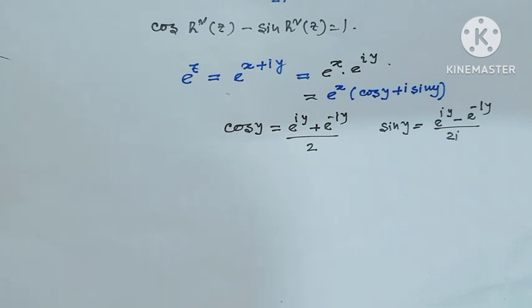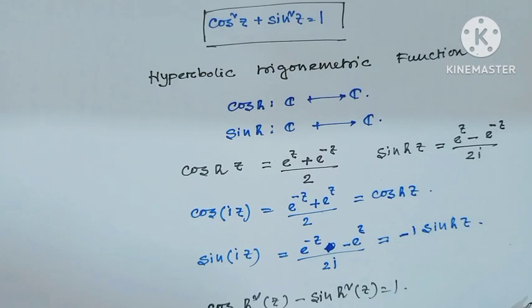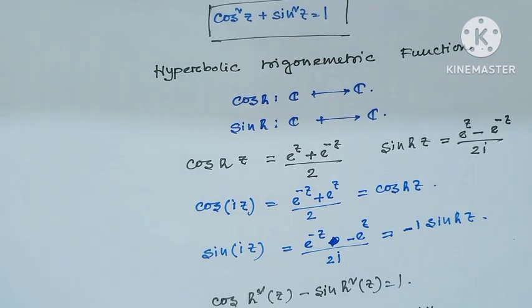Then cos y equal to e to the power iy plus e to the power minus iy by 2, and sin y equal to e to the power iy minus e to the power minus iy by 2i. This type of concept is actually very important for higher study. Okay.